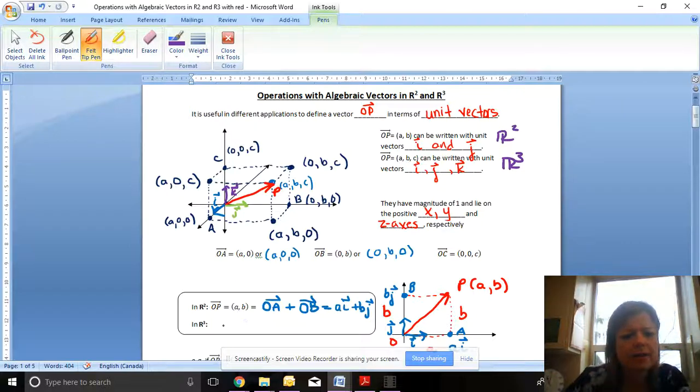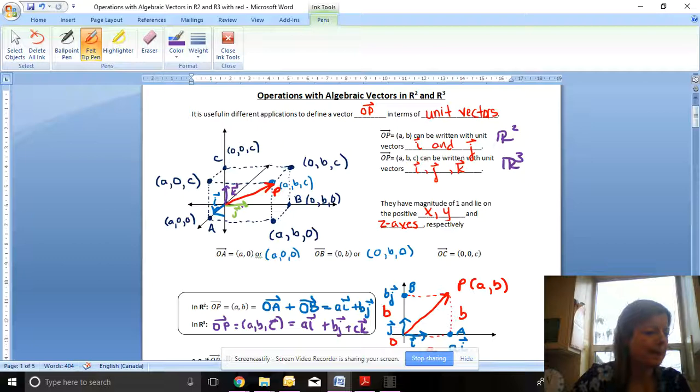So in this case, OP, which is (a, b, c), can be written as a i plus b j plus c k. So it's this vector plus this vector and then plus this vector.